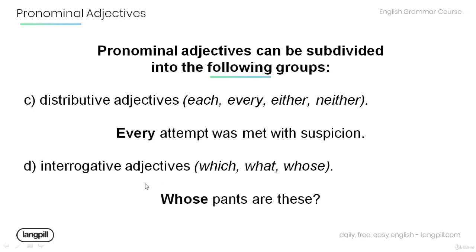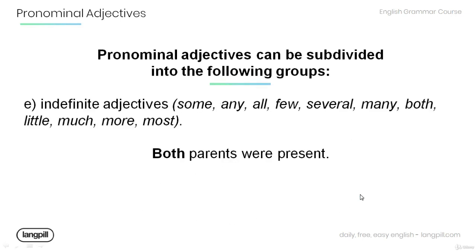For example, whose pants are these? E. Indefinite adjectives such as some, any, all, few, several, many, both, little, much, more, and most. Have a look at the example over here. Both parents were present. Indefinite adjective.